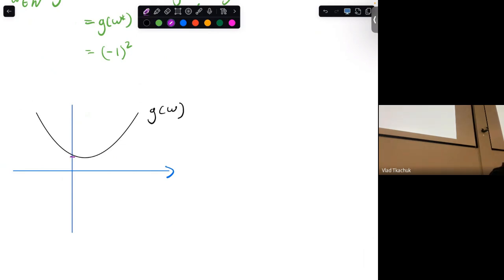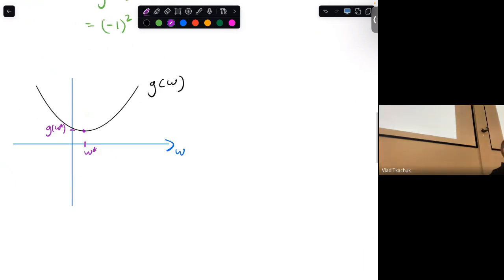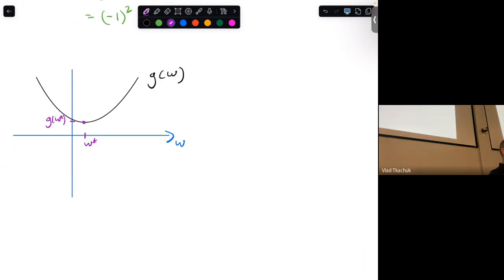This was the minimum value, and the minimizer was this point here, which was the value of w. So this we gave w star, and this value over here was g of w star. Well, the relationship between these two things is that if you take this function and you take its negative, then you're going to get the following looking function.